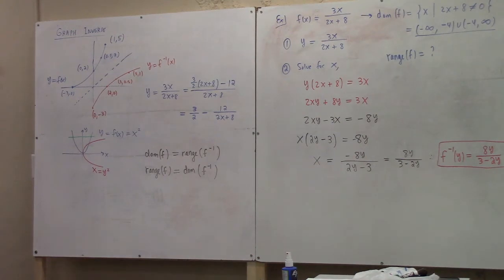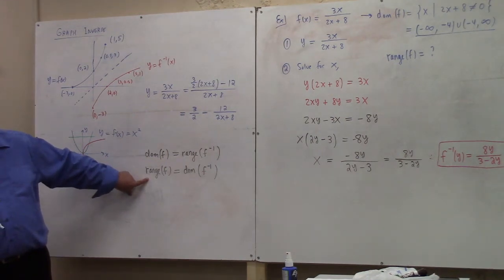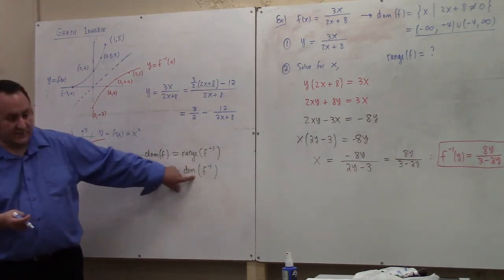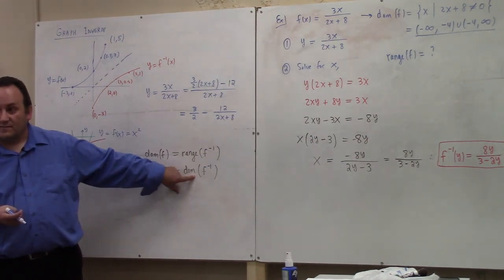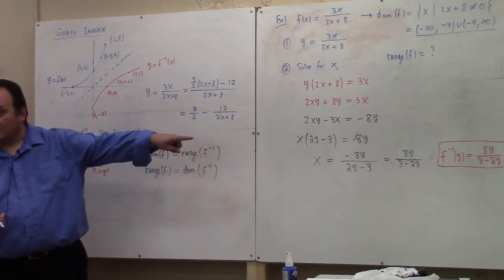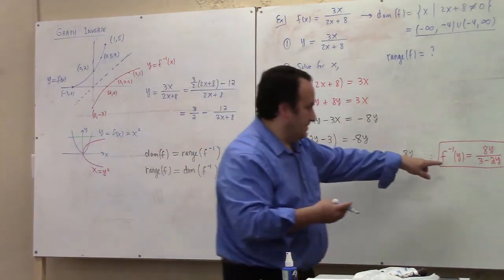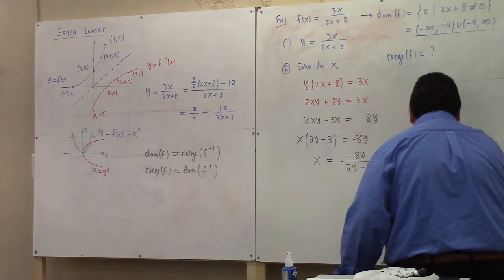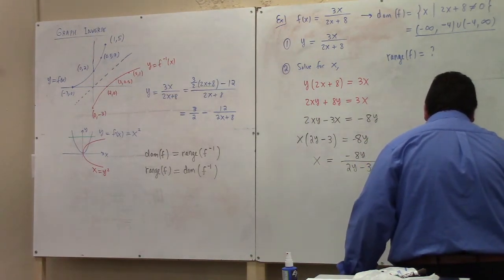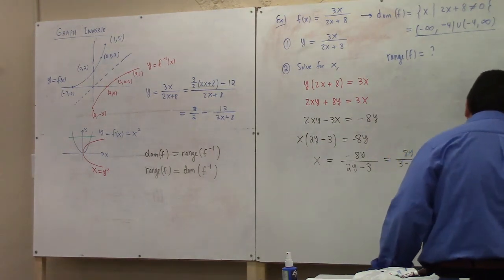But there's an easier way to see this, because we know that the range of f is the domain of the inverse function. How do you figure out the domain of the inverse function? We have the formula right there. What's the domain for the red boxed formula? It's y such that 3 minus 2y is not equal to 0.